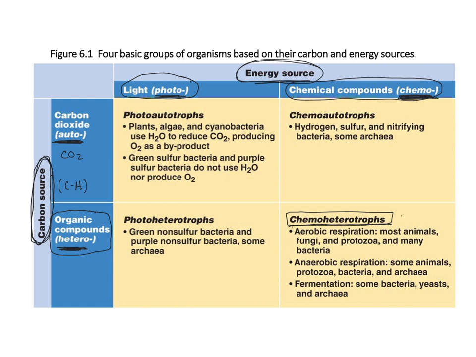We do this too. The other popular category is the photoautotrophs. These are photosynthetic organisms. They're getting their energy from the sun and their carbon from carbon dioxide. Anything that photosynthesizes, that could be a protozoa, it could be a bacteria, archaea, algae, right?